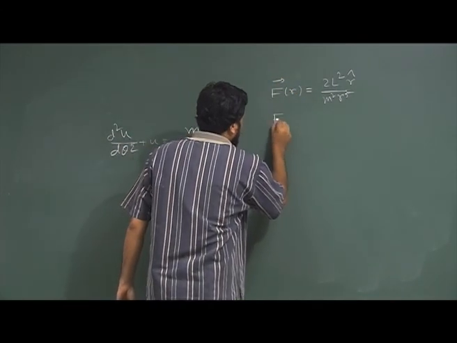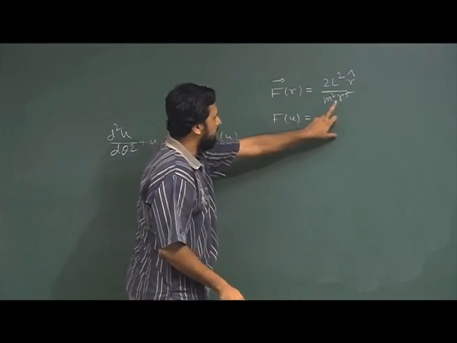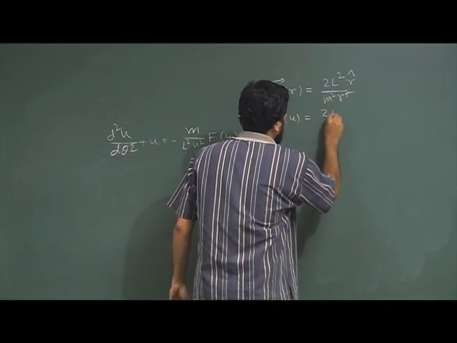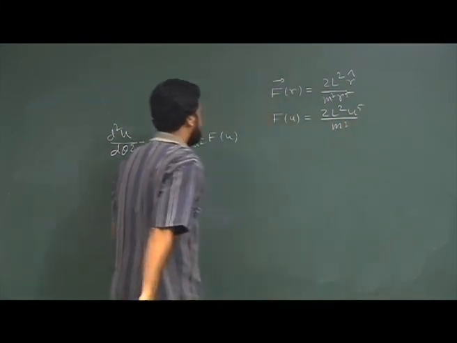So, for f of u, we just have to replace r with 1 over u, and we immediately see that this gives you u to the power 5 over m square.